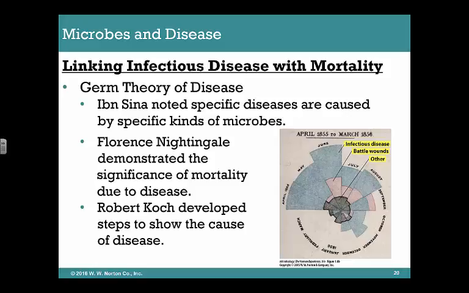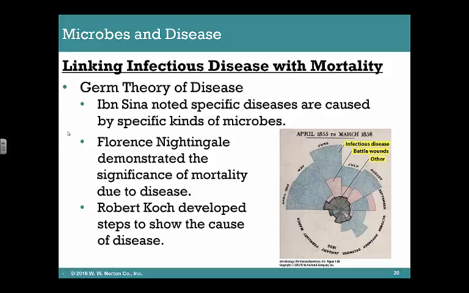Obviously, for clear reasons, we are going to focus on that small portion of microbes that are associated with human disease. So the big question that we're going to address is, what is it that makes these microorganisms that cause disease in humans different from all of those other microorganisms that are essential to our ecosystem, but that are harmless to us?